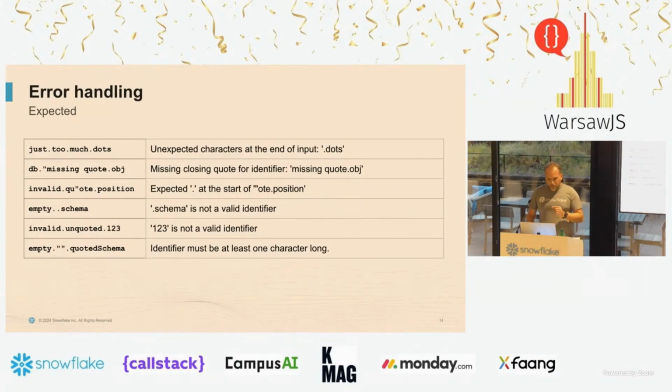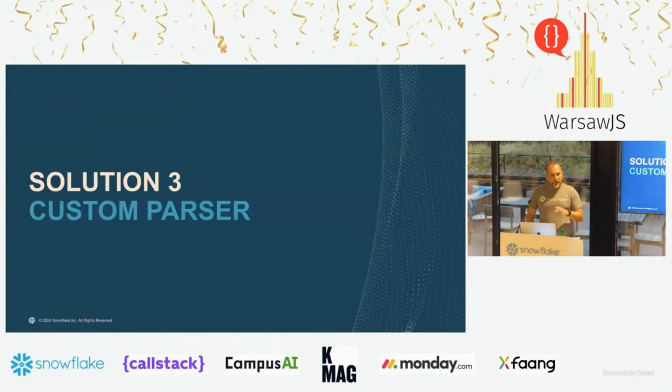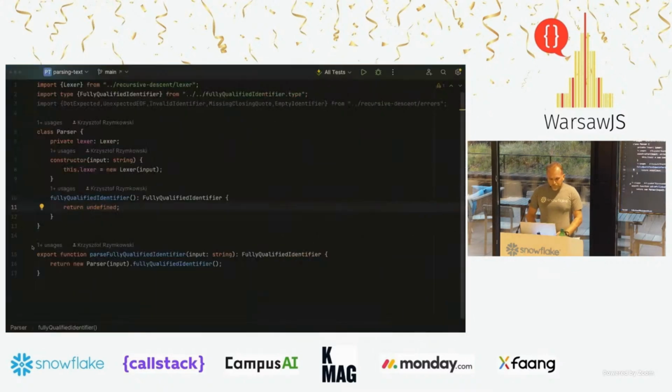So I think we can get rid of all those cons by writing a custom parser. And I can show you that it's going to be almost as readable as a grammar, without the cons of generating code. So let's go. So I got a bit of starter code.